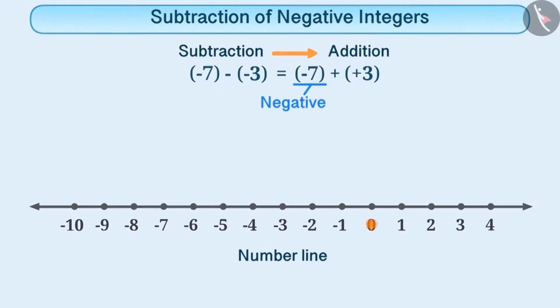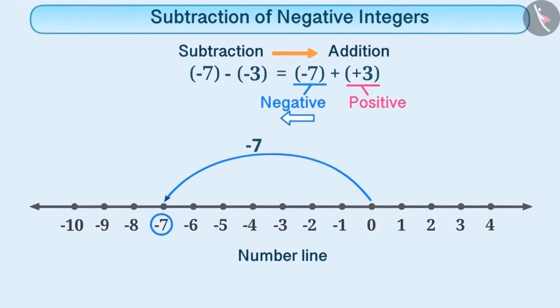Since this is a negative integer, we will move 7 steps to the left side of 0. By doing so, we will reach the number -7. The other number is +3. Since this is a positive integer, we will move 3 steps towards the right of -7. Thus, we reach -4, which is the result of the subtraction of -7 and -3.